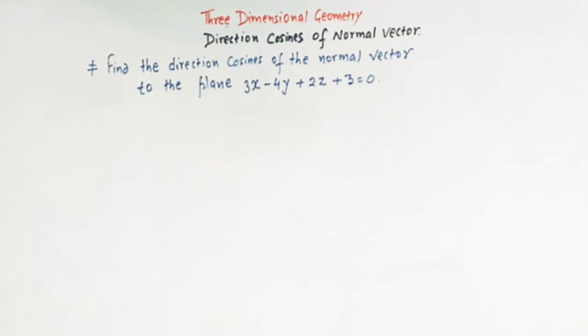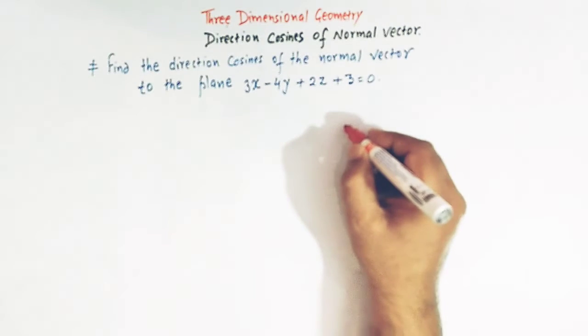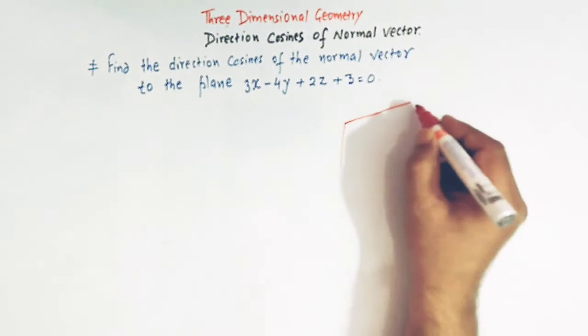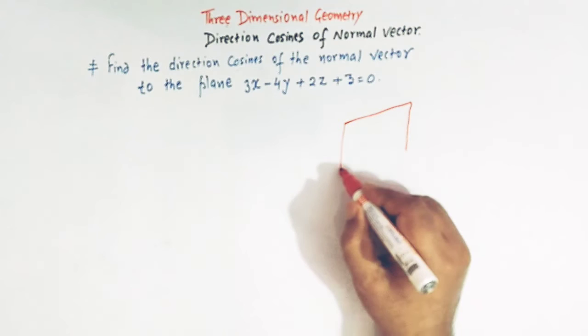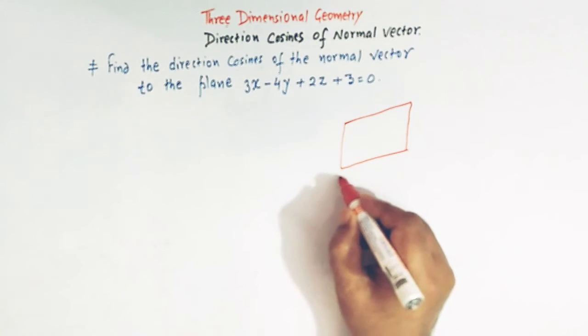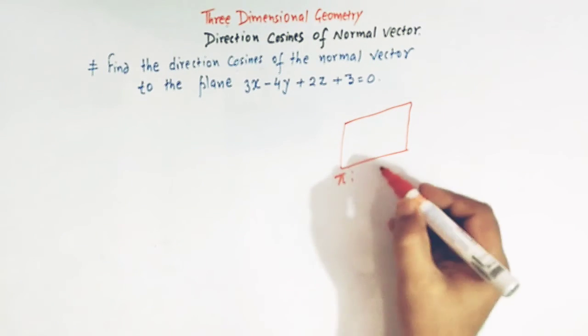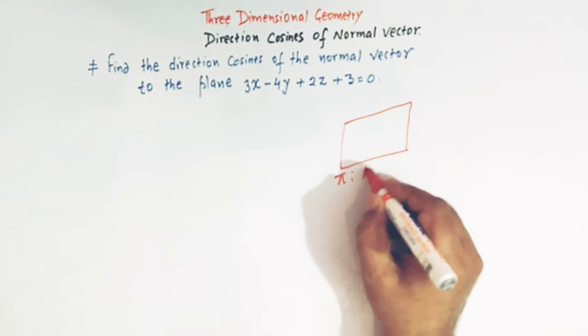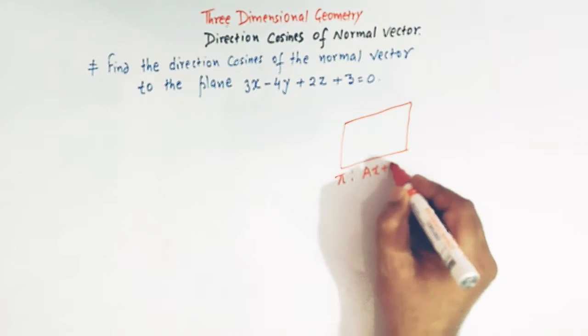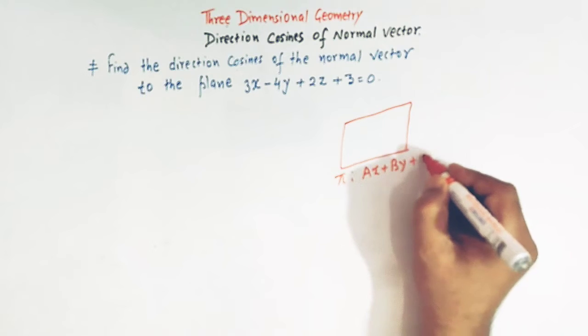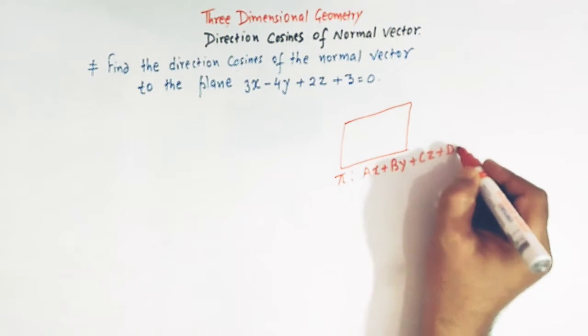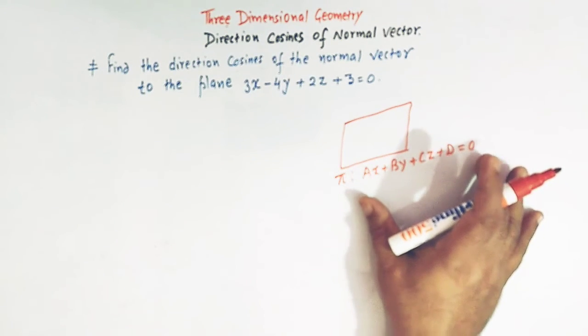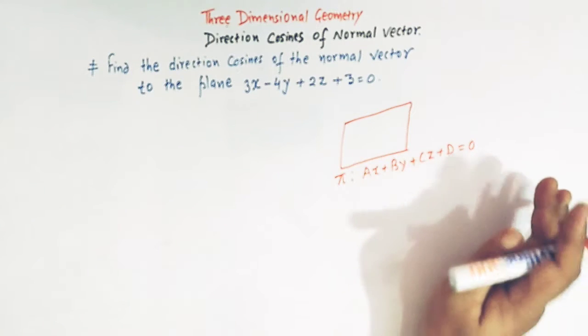Now see, suppose we have a plane. Let us consider a rough diagram here, and suppose this is a plane pi whose equation is of this form, that is ax plus by plus cz plus d is equal to 0. So first of all we are considering the general case.